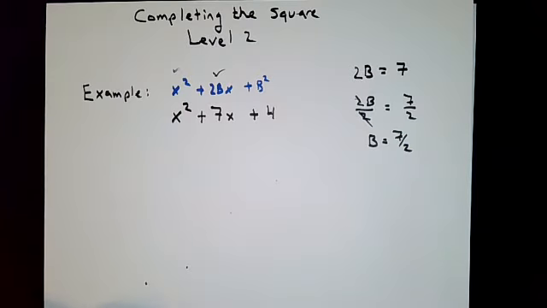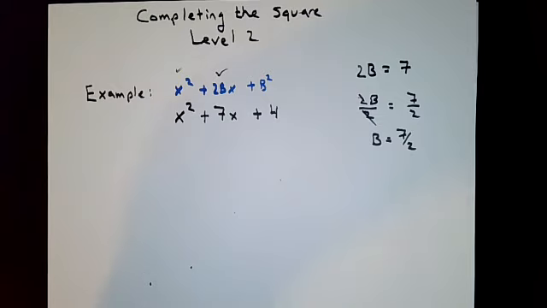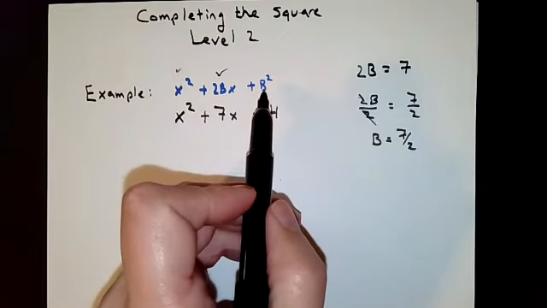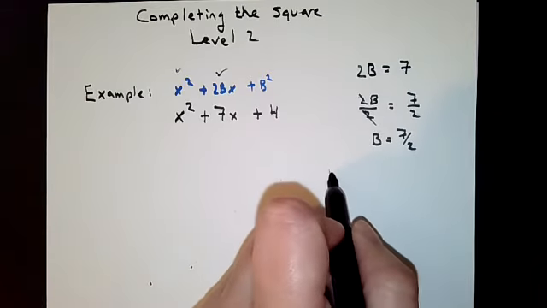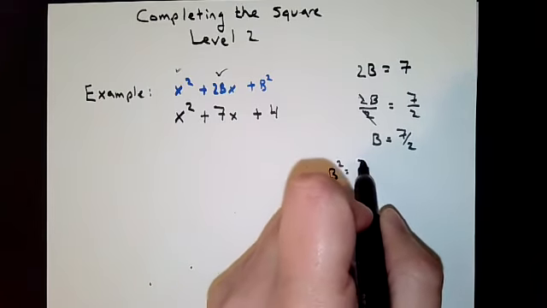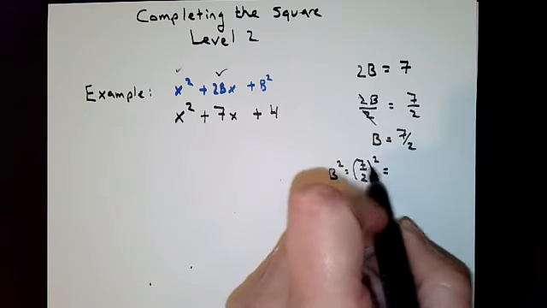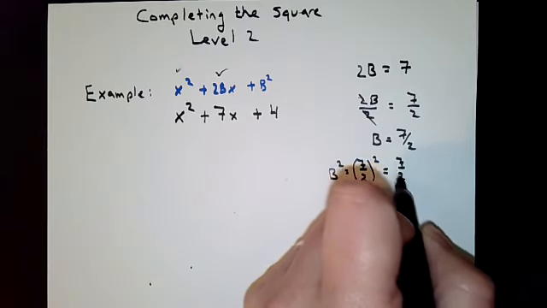Now, little side note here. I know a lot of students don't like working with fractions, and I don't care. But if you're not working with a calculator, many times the fractions are going to be quicker. For example, we know that we need b squared. Well, b squared then is 7/2 squared, which is 7/2 times itself.